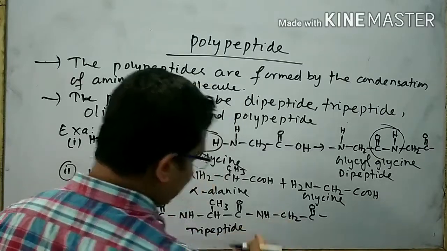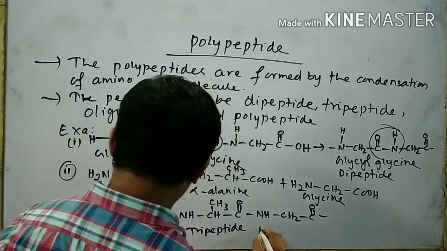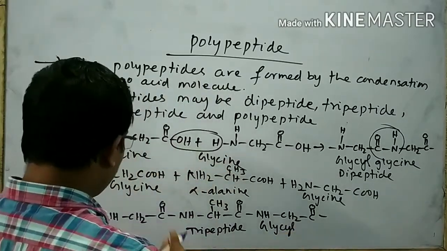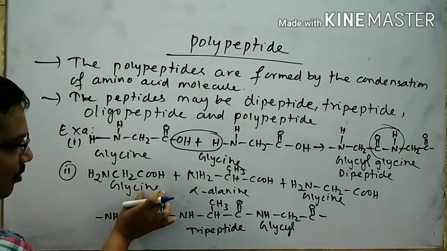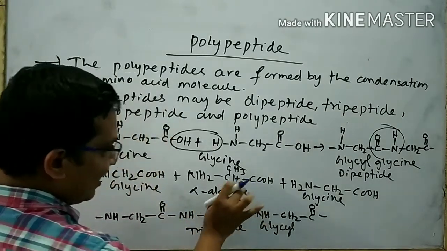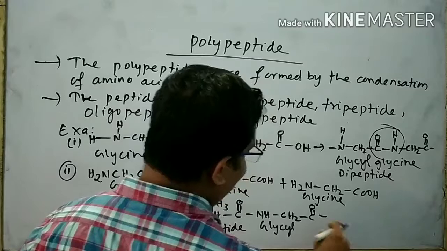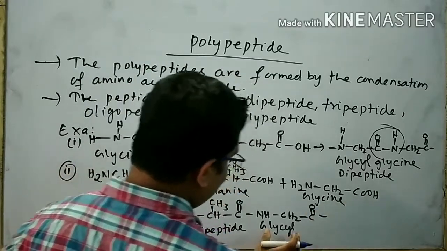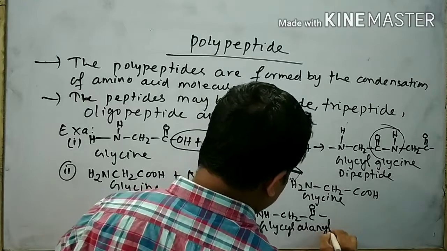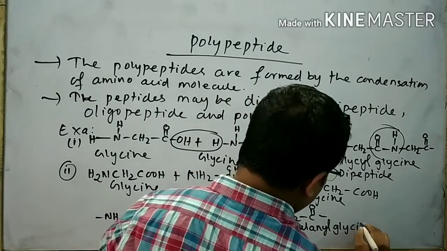The name of this tripeptide is glycine. Look at that, the ine is removed, yl is attached, the ine is removed, yl is attached, and finally we write glycine. That means glycyl alanyl glycine.